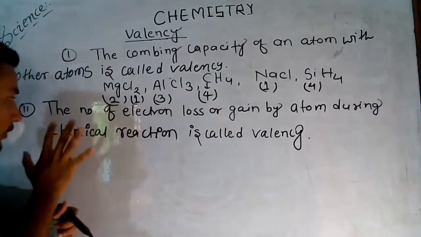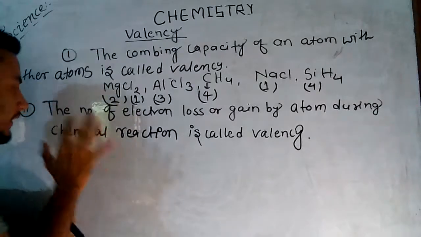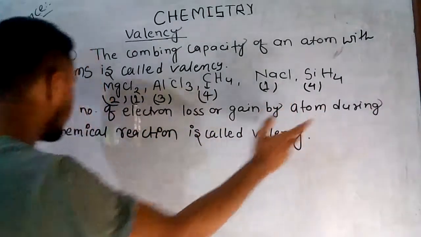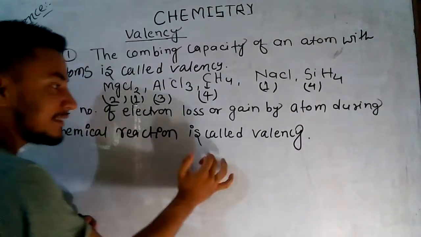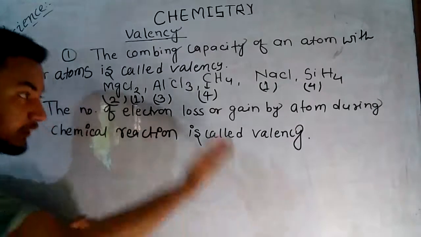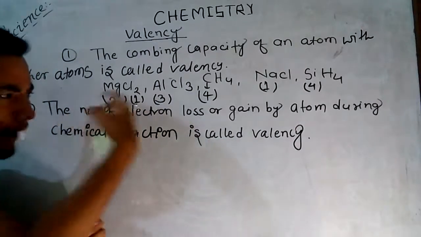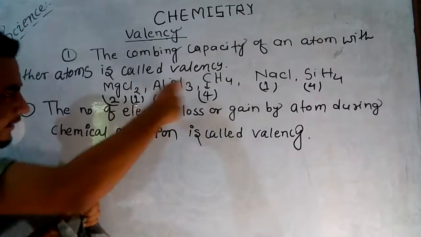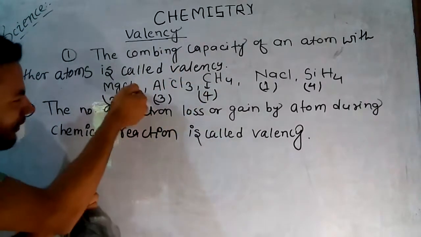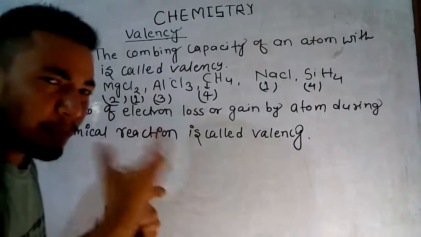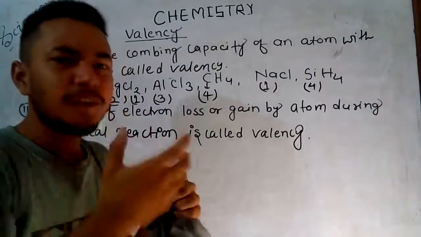But now the second definition: the number of electrons lost or gained by an atom during chemical reactions is called valency. If you understand this second definition, then you understand valency in detail, because from here it is not clearly seen. You cannot simply calculate the valency of chlorine here, because compounds are not given, atoms are given.